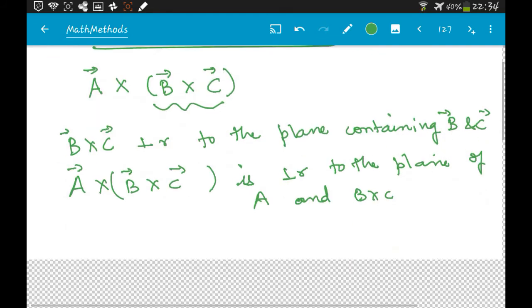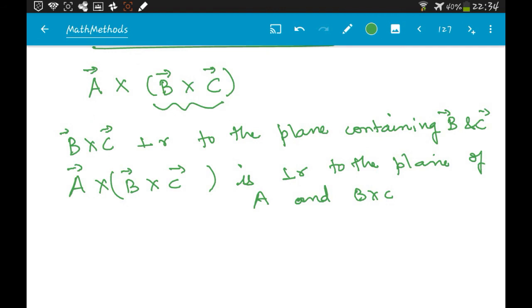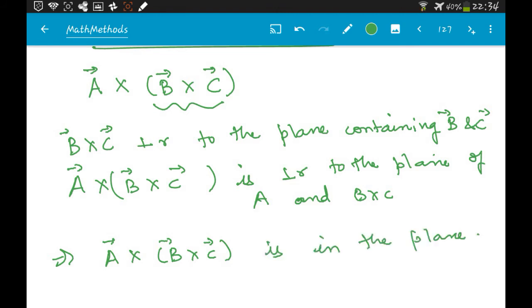So this is perpendicular to the plane of A and B cross C. Which means that A cross B cross C is actually in the plane of B and C. So this is what you can imagine.